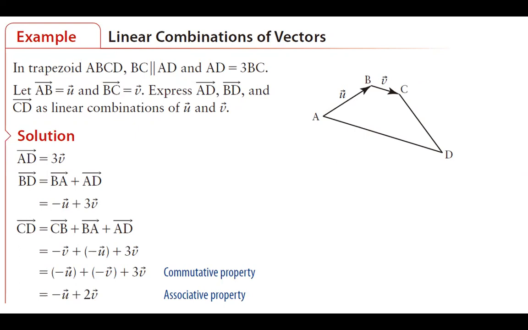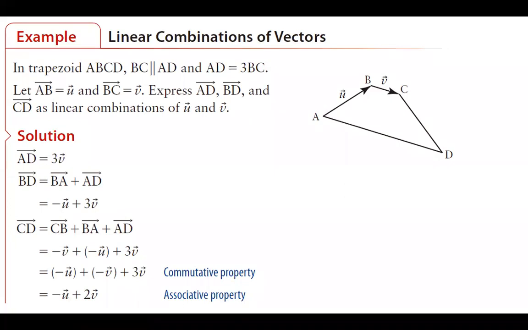And also we know vector BD equals vector BA plus vector AD. Therefore, that equals negative vector U plus 3 times vector V.